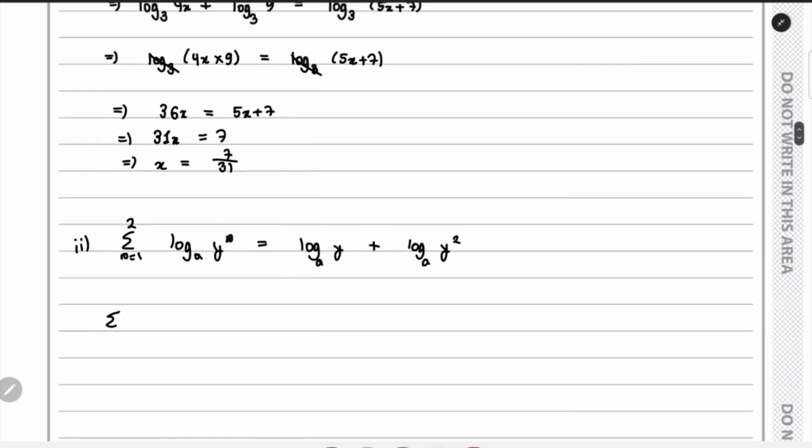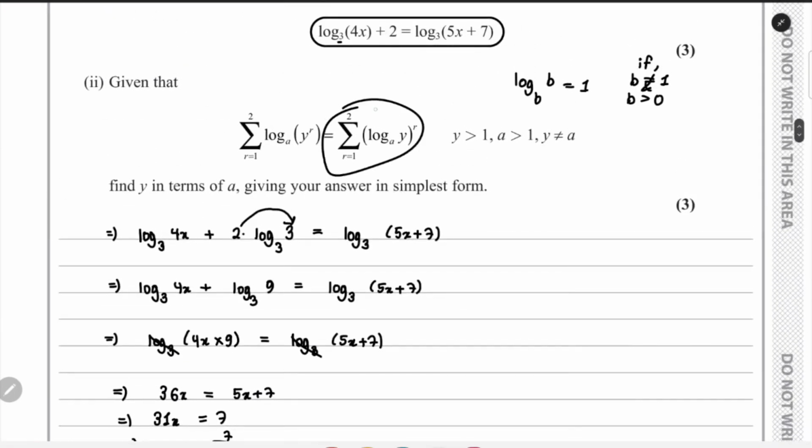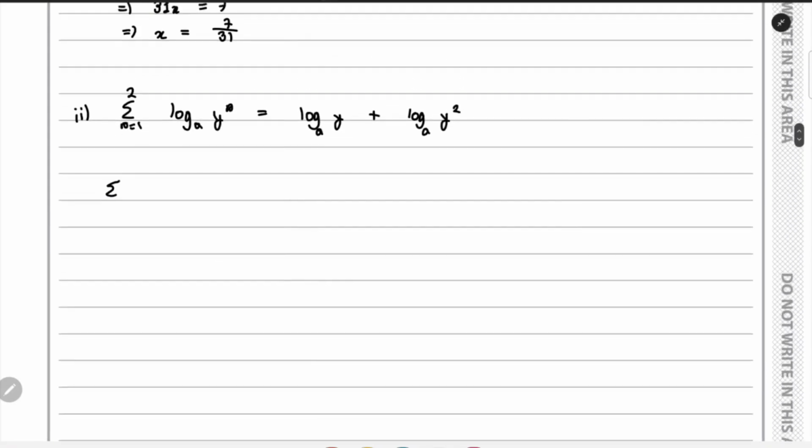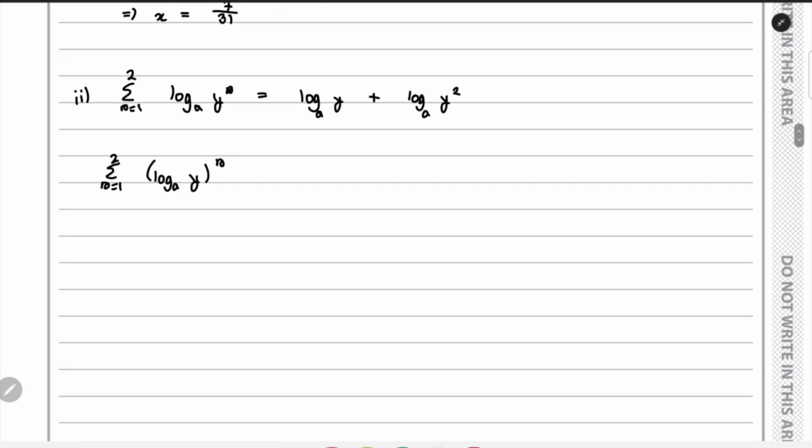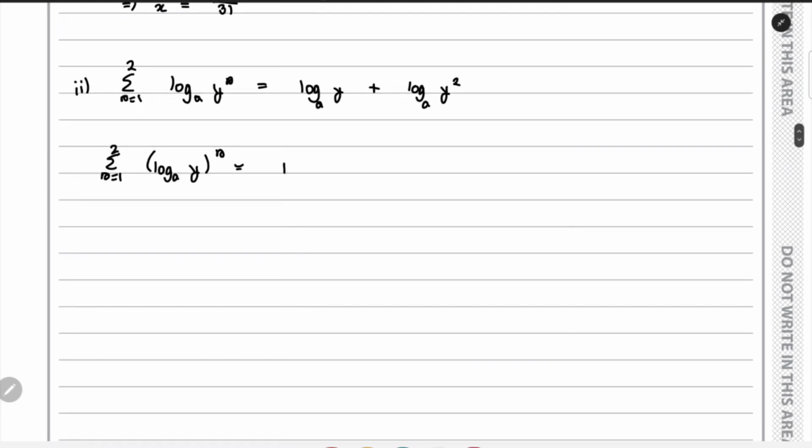And on the right hand side we have summation of r equals 1 to 2 of log y base a whole to the power r. This is log y base a plus log y base a whole square.